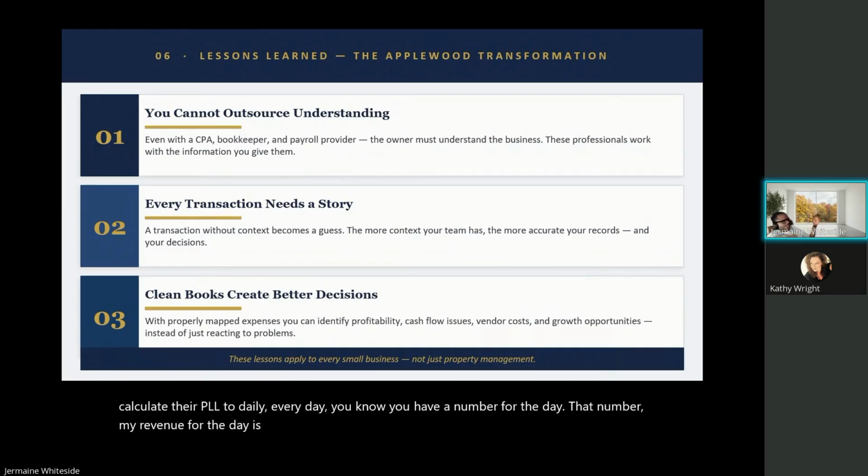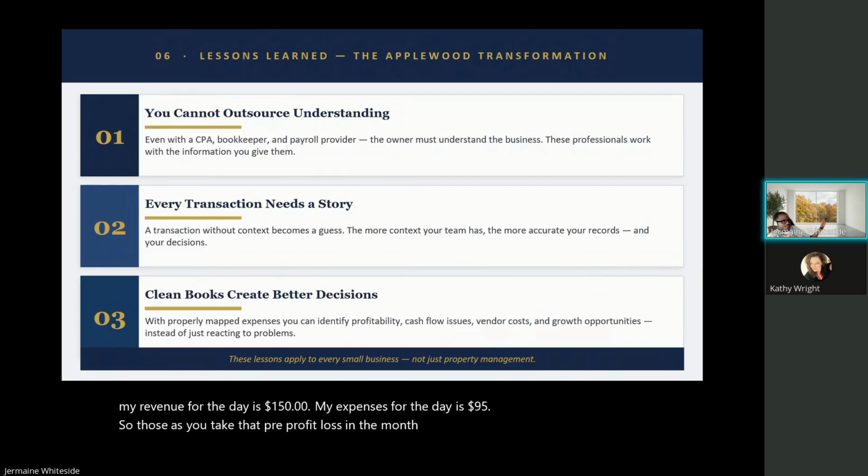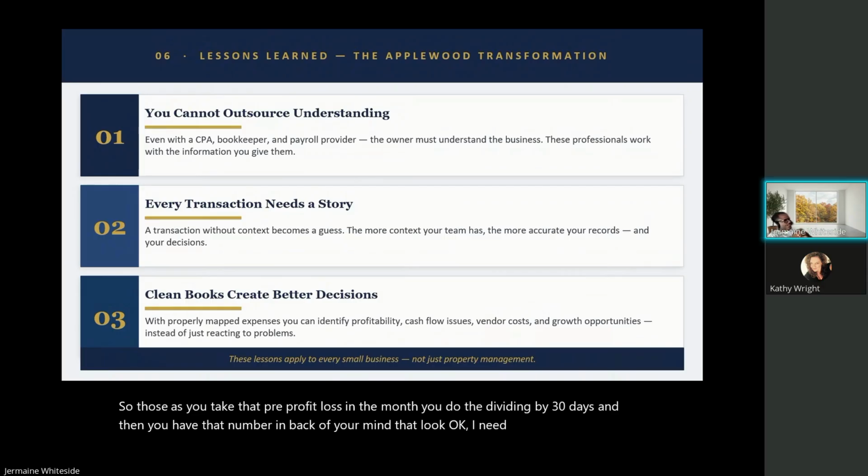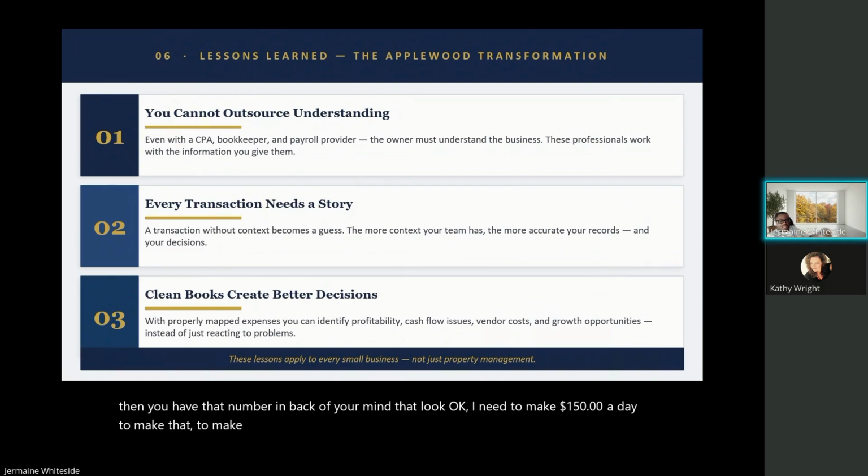My expenses for the day is $95. You take that profit or loss in the month and divide by 30 days. Then you have that number in the back of your mind: I need to make $150 a day to make that up. That is very important in understanding the mechanics that come up with that P&L.